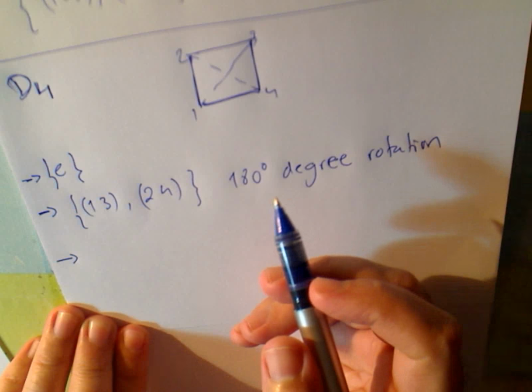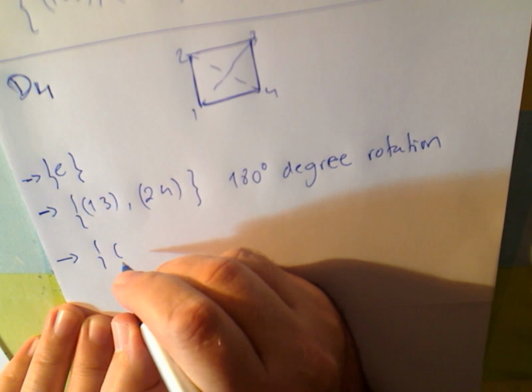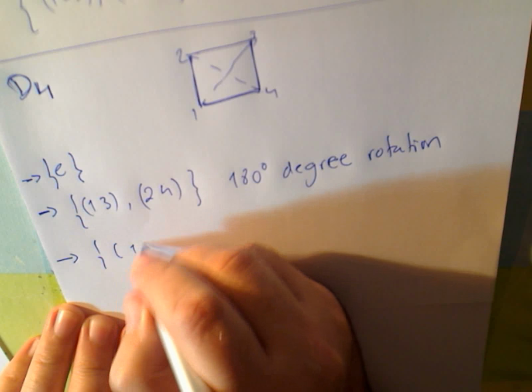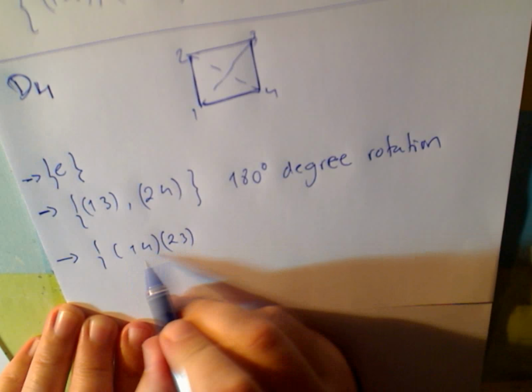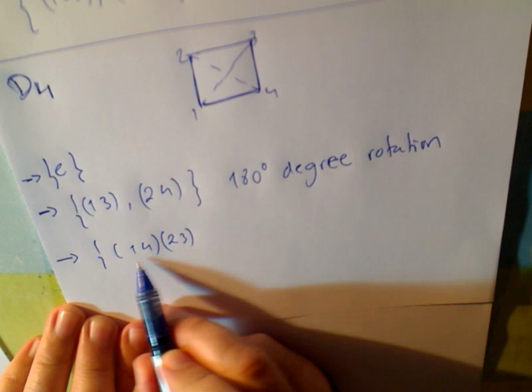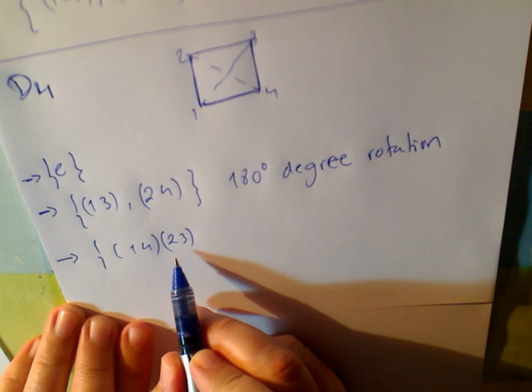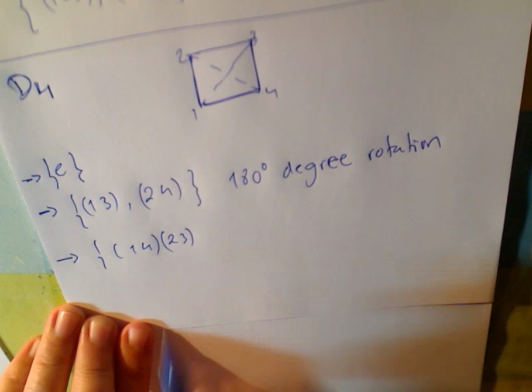The other one will be the edge reflections. That will be 1 4, 2 3. Be careful with this cyclic notation: 1 goes to 4, 4 goes to 1, 2 goes to 3, 3 goes to 2.